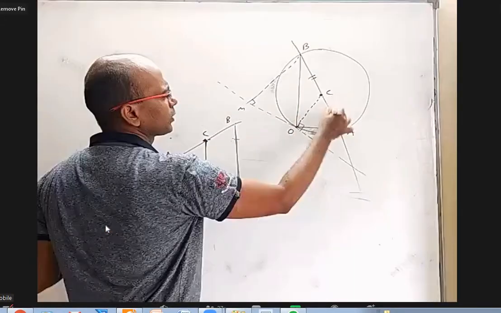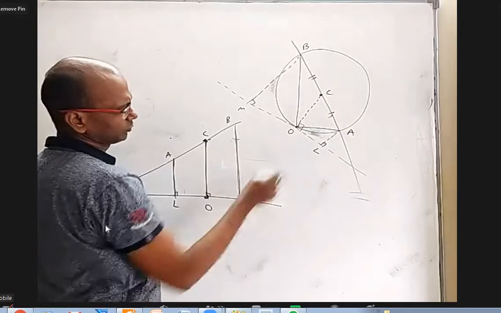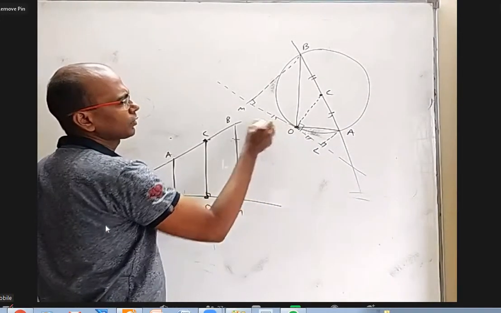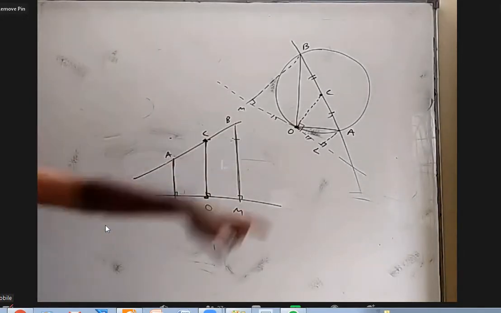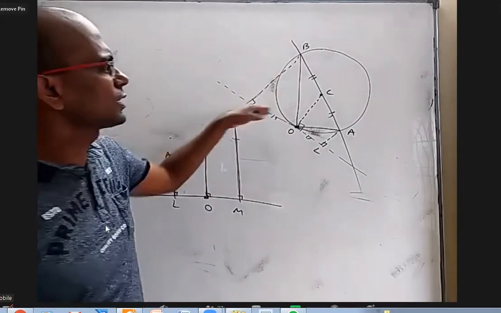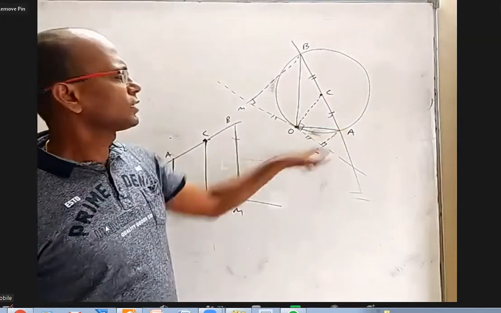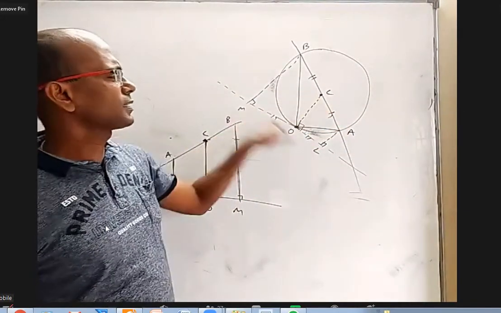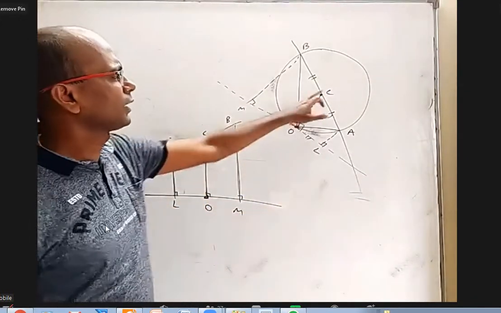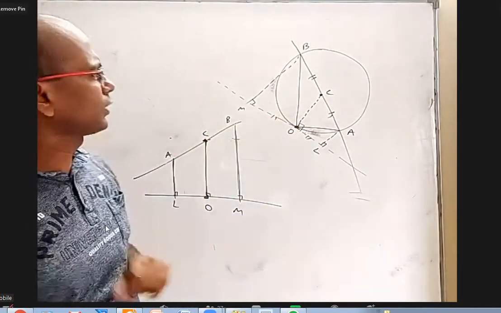Actually, these two are equal because of the radius. C is the midpoint of AB. If I draw properly, even this should be the midpoint of this. Maybe I did not draw that tangent properly. If I have drawn it properly, these three are parallel. Why are they parallel? These are perpendicular distances. Radius and tangent are perpendicular. All these are perpendicular to one line, so they must be parallel. And if this is the midpoint, this has to be the midpoint.